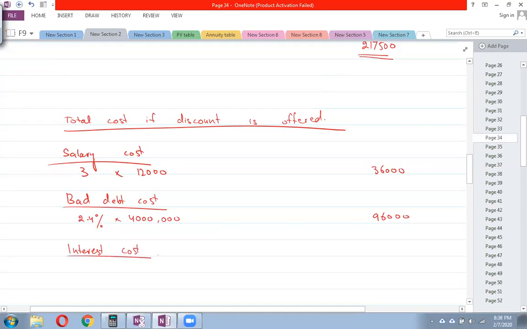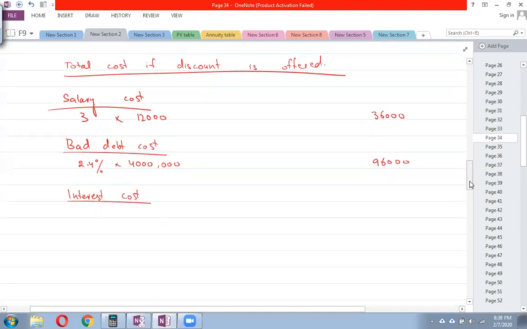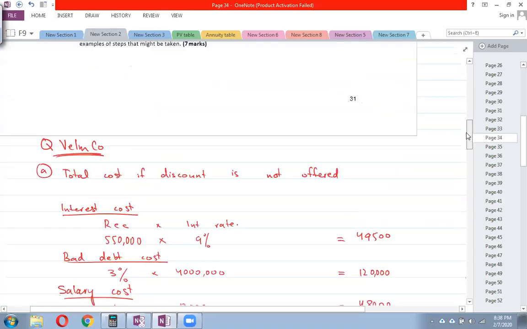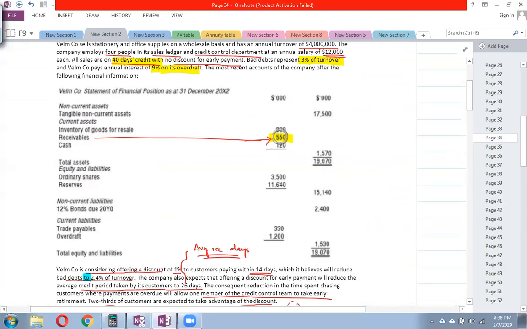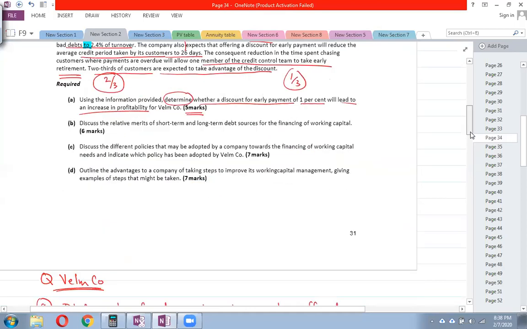The interest cost will be receivables multiplied by the interest rate. We don't have the receivables figure now. The receivables figure is not going to be the same as the one in the balance sheet. Why? Because receivable days have changed, so the receivable figure will change as well.